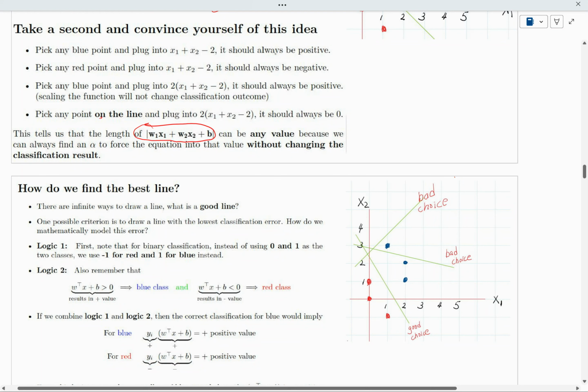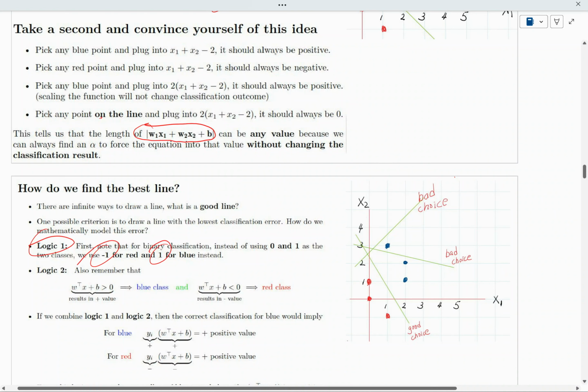Okay, so how do we go about picking the best green line? Well, the first step is to get these two key logics. Logic number one: remember, our classification labels for every sample y are 1 and -1.